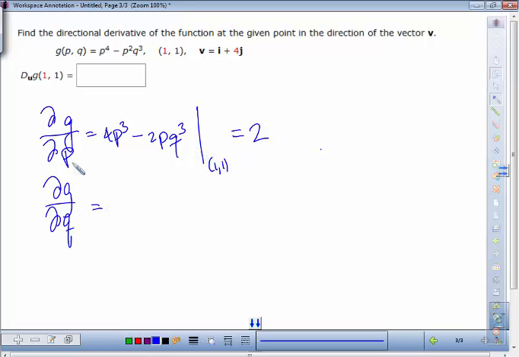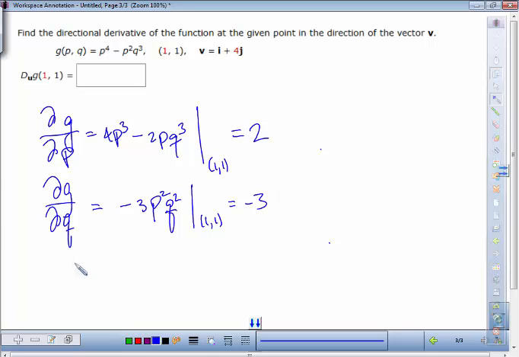Next is the derivative of g with respect to q. And so this first term is gone because it's all p. And then the second term is 3q squared. We subtract 1 from the power. And then p squared is constant, so that just stays there. And then if we evaluate this when p is 1 and q is 1, we should get negative 3.